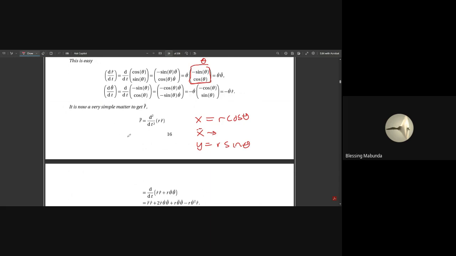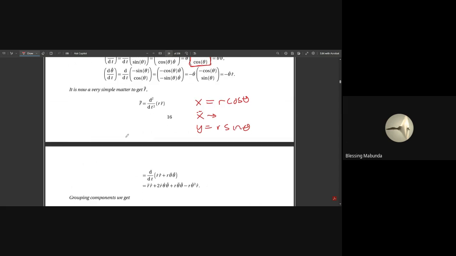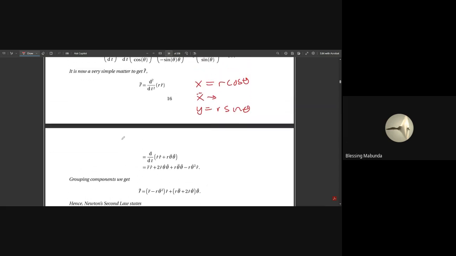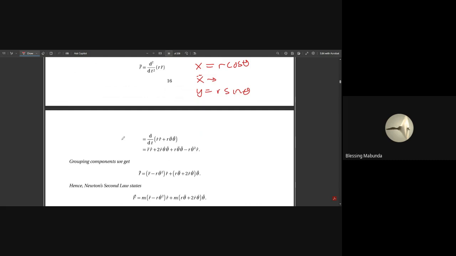And here we have r double dot, which is d squared dt squared of r multiplied by r hat. So you can differentiate that once, which leaves you with d dt.